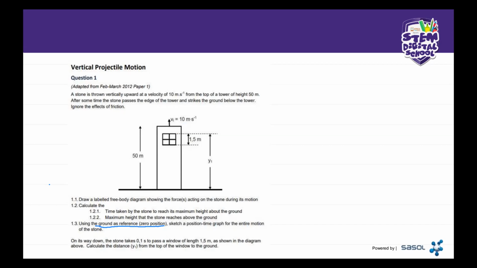So our reference starts from here. Sketch a position time graph for the entire motion of the stone. Okay, so basically here, if we have to draw a graph, we can have our graph like this. This is our y-axis and this is our x-axis.